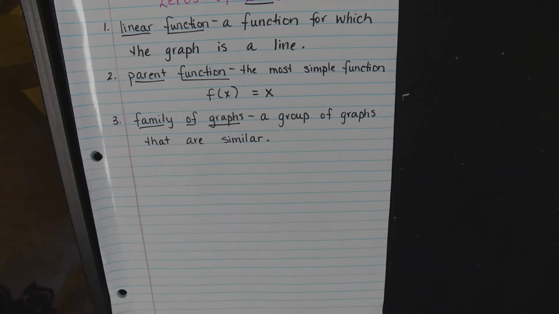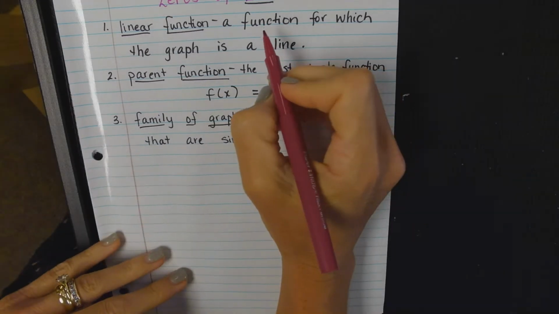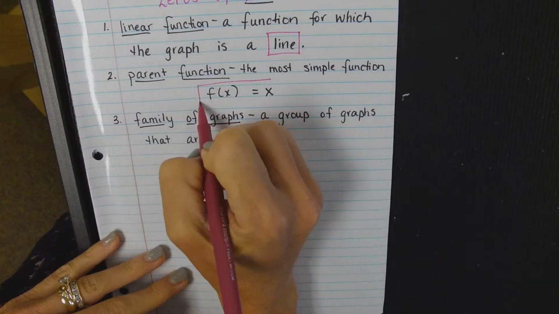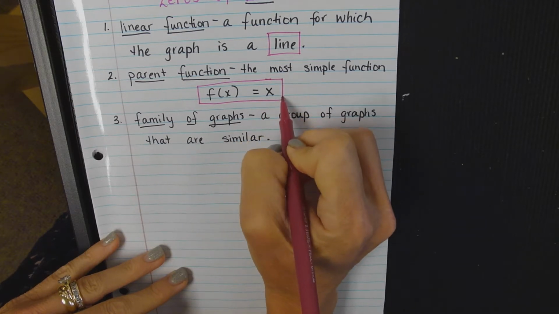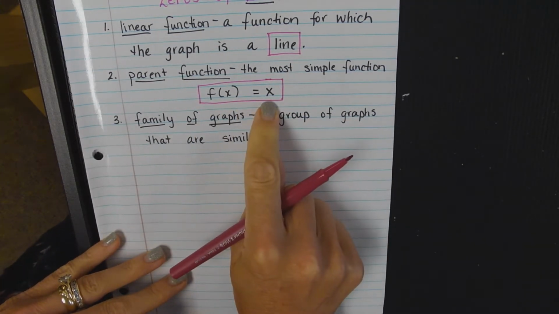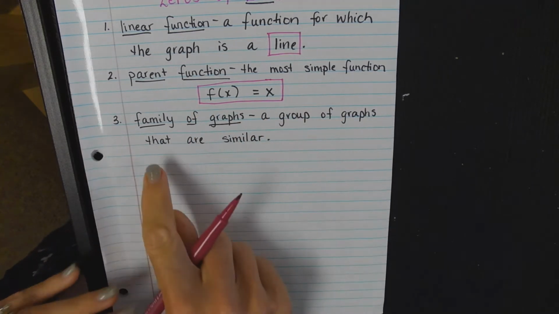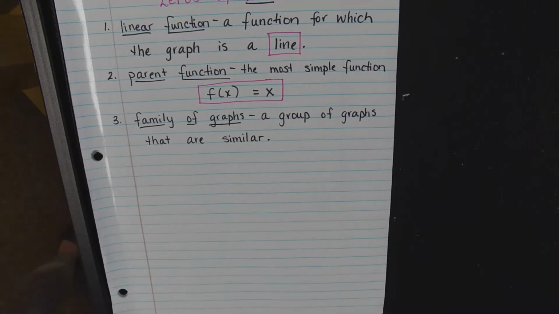So we have the linear function; if you graphed it, it's a line. The parent function, and I'm going to box and highlight the important part, is f of x equals x. I will show you this graph shortly. Family of graphs is a group of graphs that are similar.